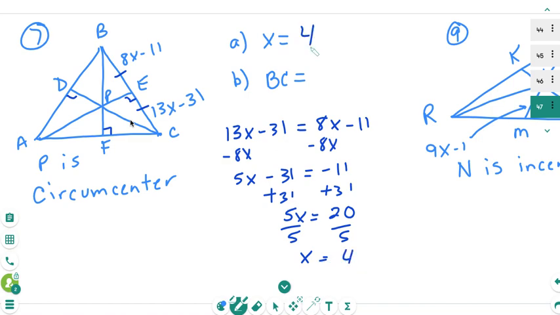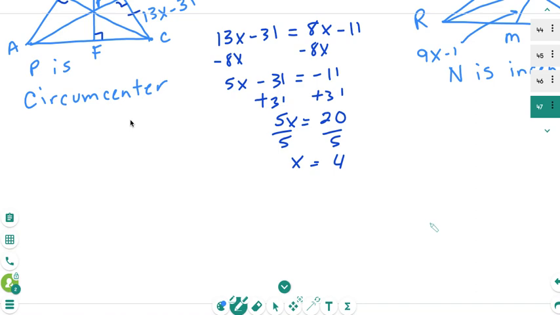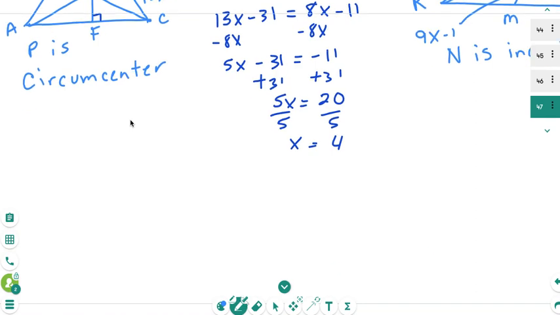If x is 4, then we are going to be able to find what BE is. So in order to find BE, we're going to do BE is equal to 8 times 4 minus 11, which is going to be 21.